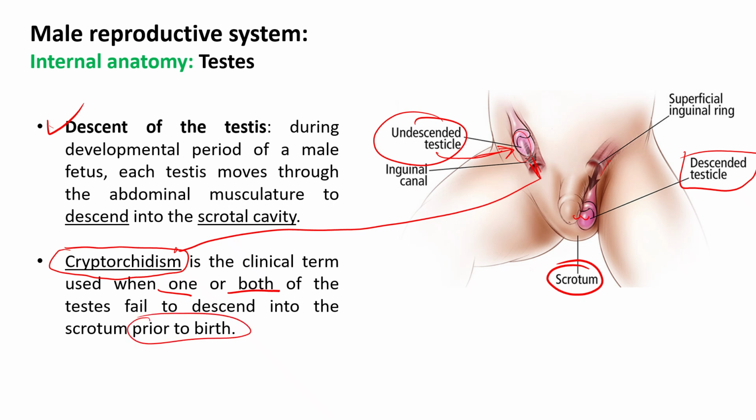Sometimes we realize this prior to birth, during the ultrasound, where you might see that the testicle is not in the scrotum. Now, this condition, as you can imagine from what we just learned about temperature, if you have a baby with a testicle that is trapped in the abdominal cavity, the testicle will always have the body temperature.